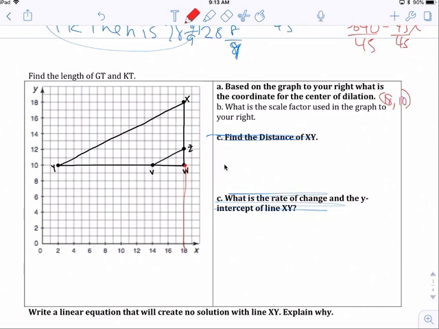Scale factor: 1, 2, 3, 4. Scale factor of 4 if it's an enlargement, or 1/4 if it goes smaller.